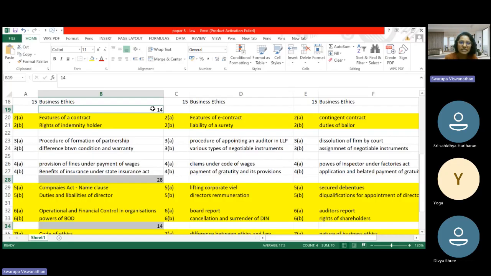So close to 90 marks comes from these 4 topics: Ethics, Companies Act, Contract Act, Sale of Goods Act. If you are thorough with them, close to 90 marks you will be able to attempt in your exam. So I want you to give more importance to these 4 topics.